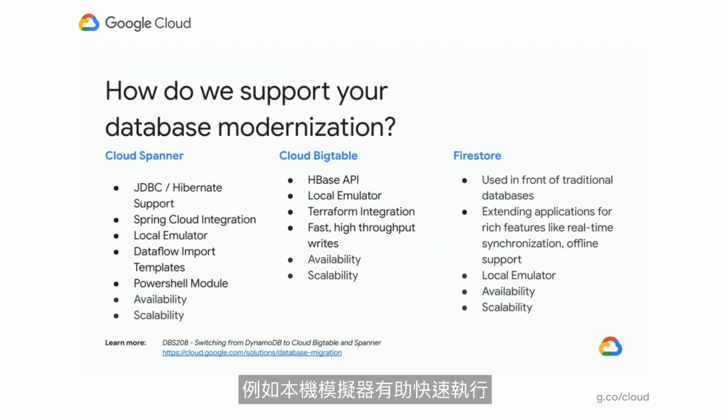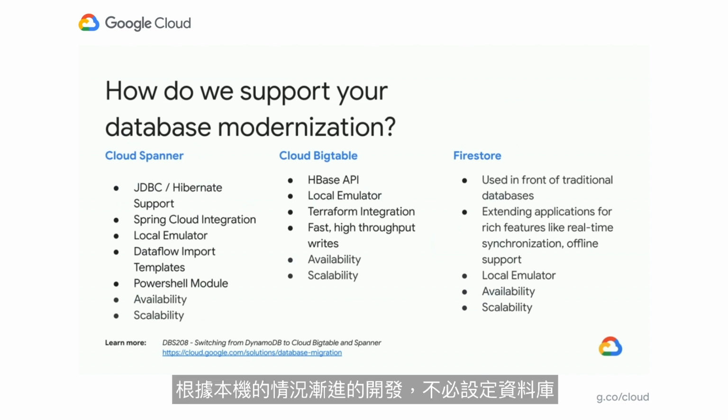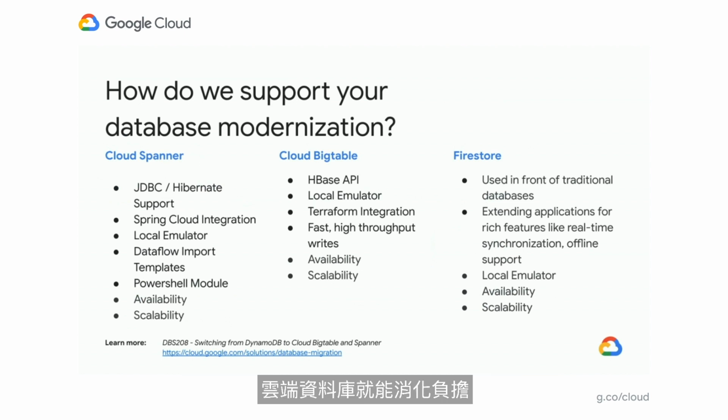For instance, the local emulators help you iterate and develop locally without having to set up a Cloud Spanner or Bigtable database in the cloud, with all this overhead. Also, by moving onto one of our cloud native databases, you get all the other features as well: high availability, scalability, and the integrations for monitoring or optimizing your databases.